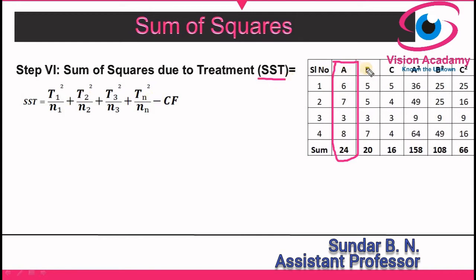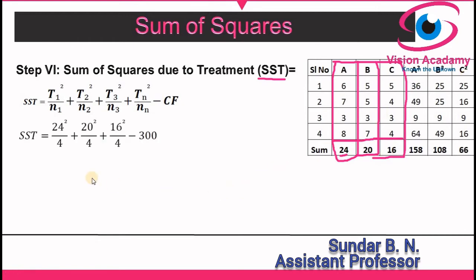T2 is the sum of all the values in the second column, N2 the number of samples in it, and likewise T3 and N3 for the third column. We have 4 samples in each column. The sum of values of the first column is 24, second column 20, and third column 16.